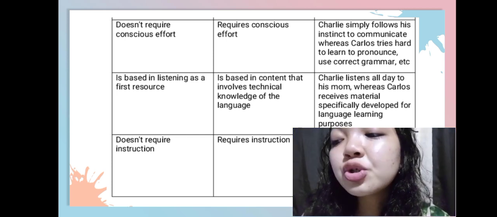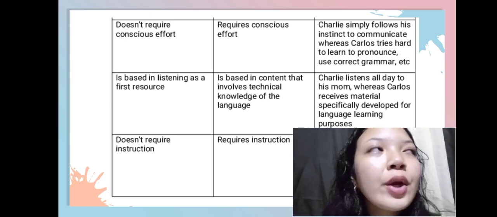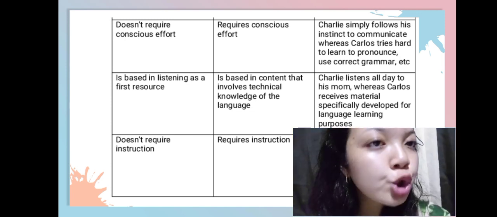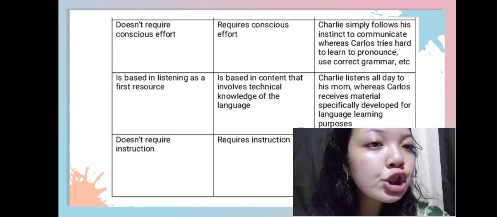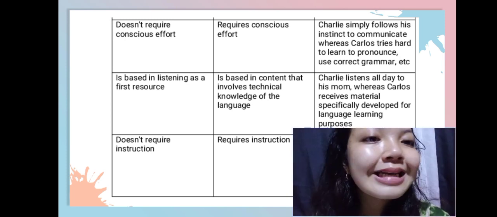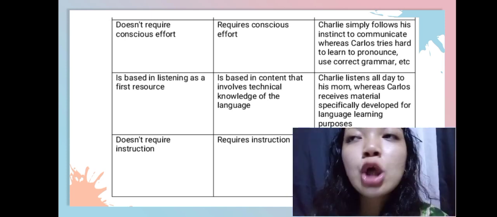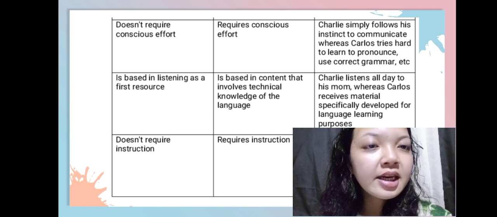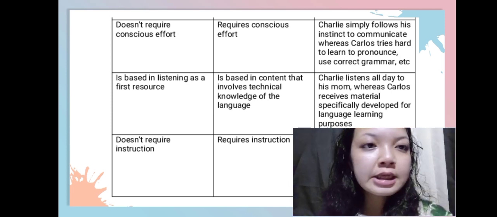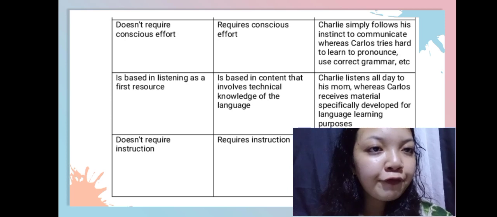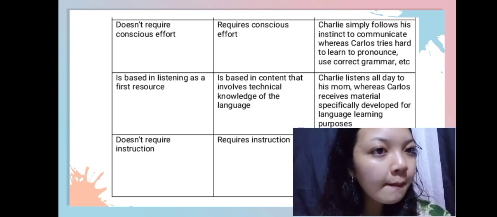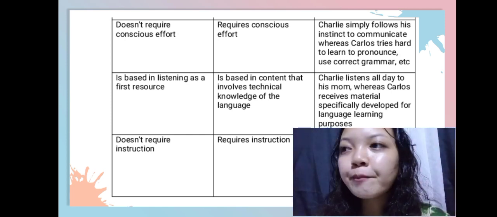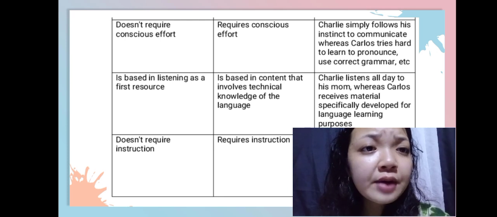And the first language doesn't require instruction. So when we are learning our first language, it doesn't have any instruction, right? But since you're learning English as a second language, for you to obtain and adopt the language, you must first understand and study morphology, phonology, semantics, pragmatics, and other things, especially subject verb agreement.